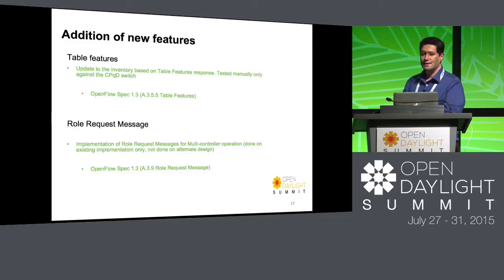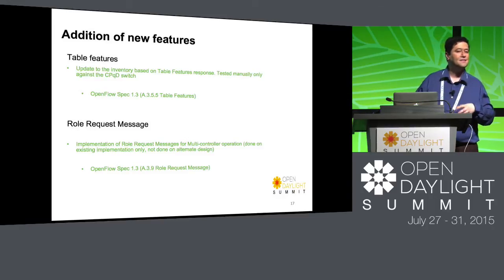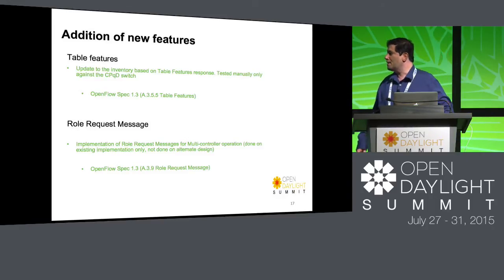If the idea was for this to be used in conjunction with the DIDM project, the device independent discovery mechanism, they were going to do some kind of advanced stuff with it. But I guess that will be done in the Beryllium release, how it is used from there.